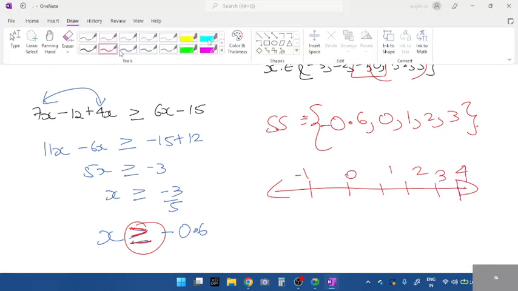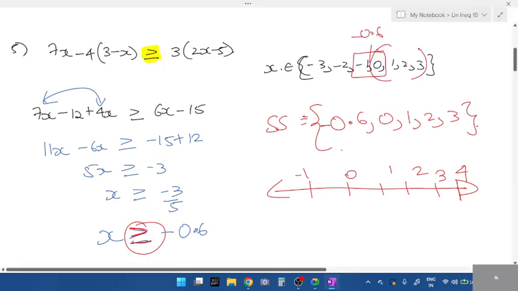But when you're plotting the answer, where does 0.6 lie in between? Minus 1 and 0. Not like this. Mention minus 0.6. Keep a point. Completed, just a minute.